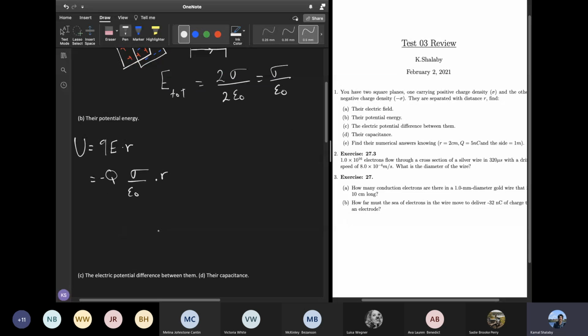But we can expand this a little bit. We have sigma is equal to Q over A. So it's going to be negative Q squared over A epsilon naught R. Is that okay?